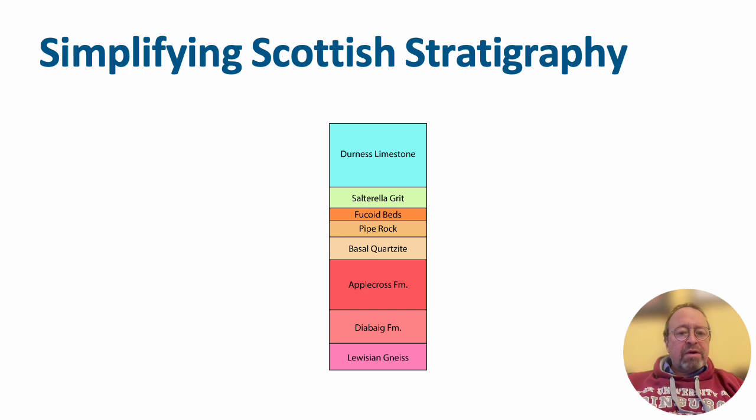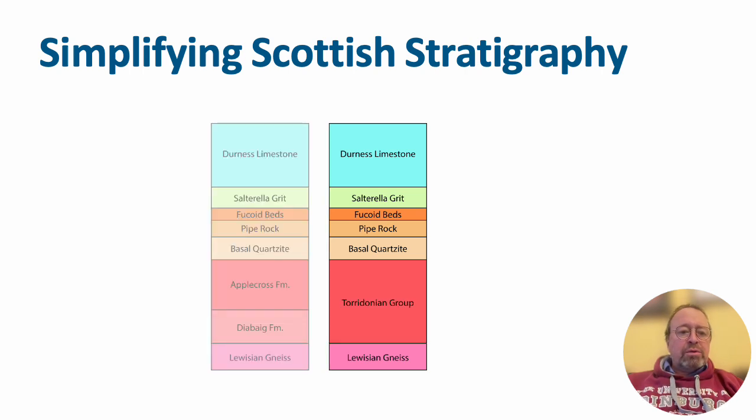So we could simplify that if we so chose, depending on what we're interested in. For example, you might want to lump together the Applecross and the Diabeg, because these are both part of a so-called Torridonian group. They are unconformably separated from the Lewisian below and from these Paleozoic rocks overlying. Those could be mapped as one unit if you wanted to do that.